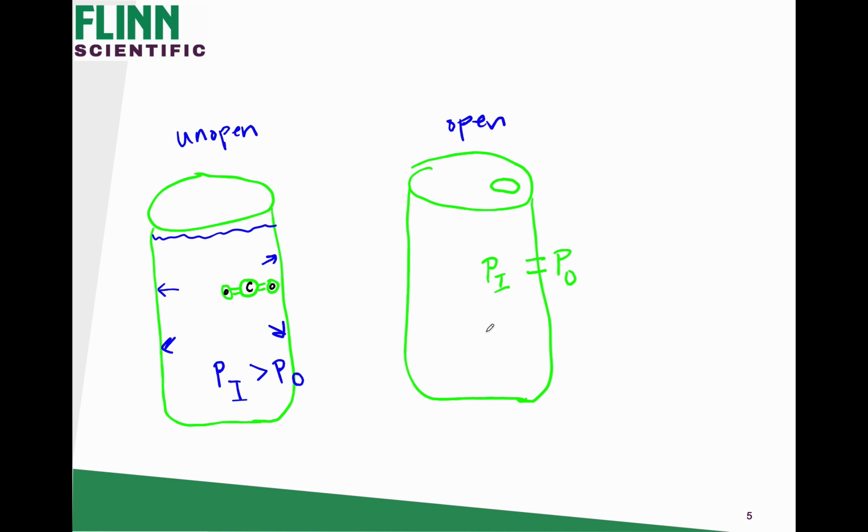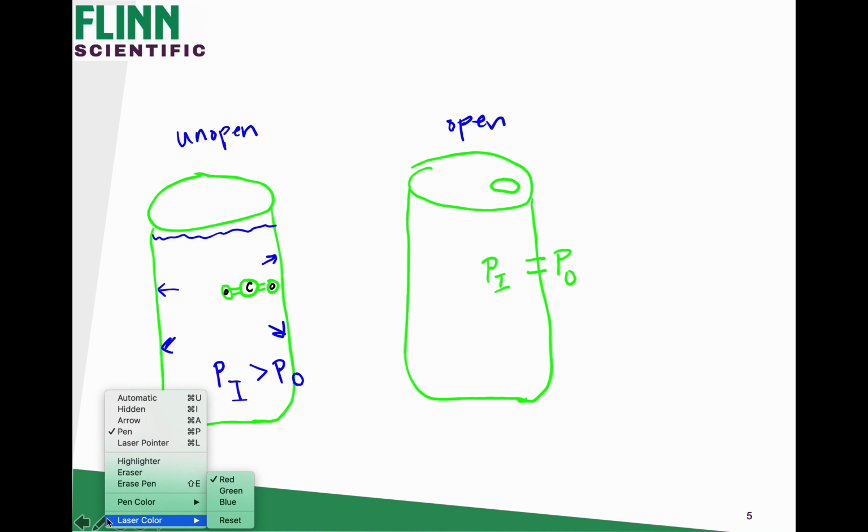We don't have this nice pressure from that carbon dioxide gas pushing up against the sides of the wall and helping the can to stay rigid, like we see in the unopened can.